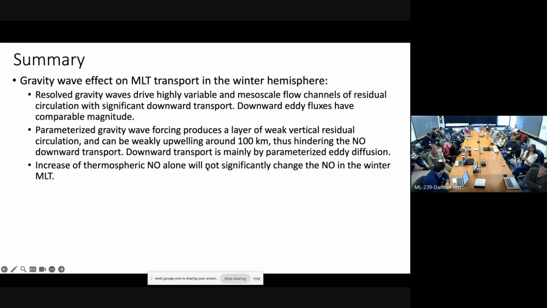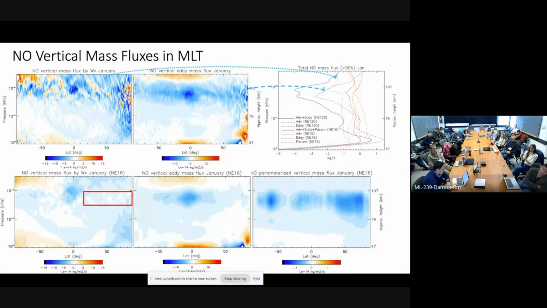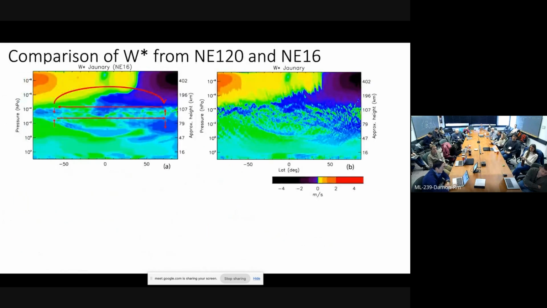So what we are doing right now, because this is just a climatological study, is hoping that we can take a precipitation event where we see this long tail of downward transport of nitric oxide, and see if the high resolution model would be able to better capture that in the actual case, like the one we showed earlier.